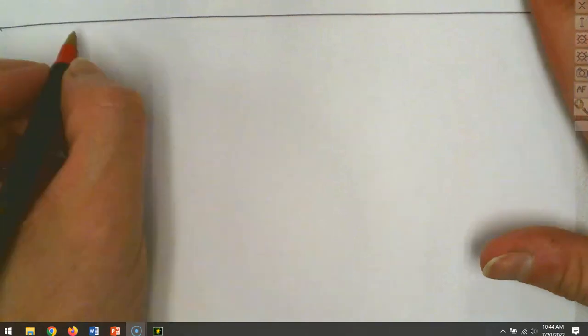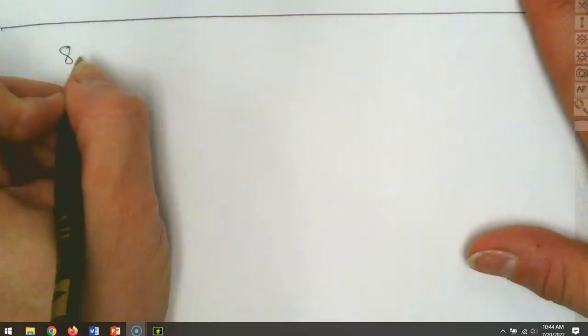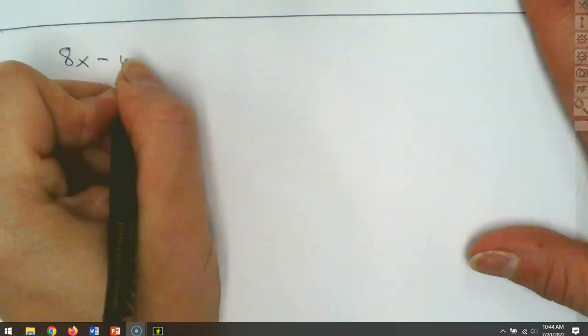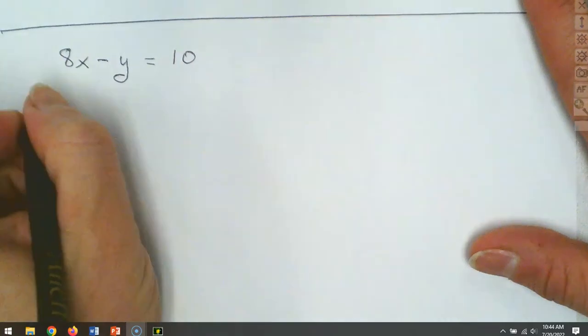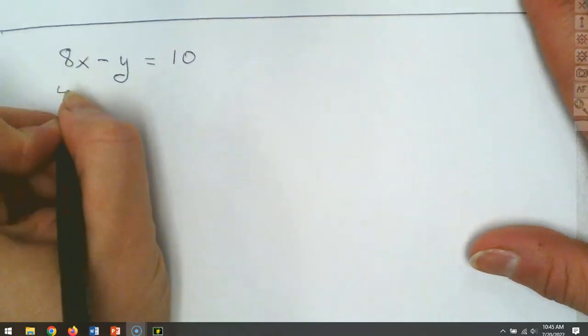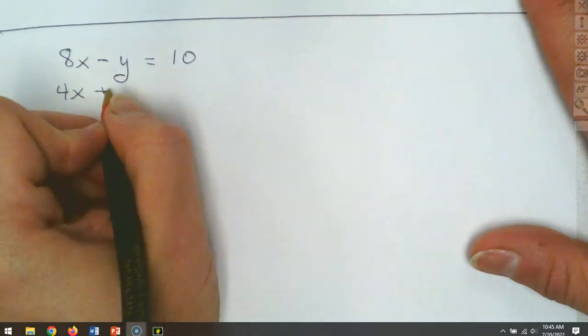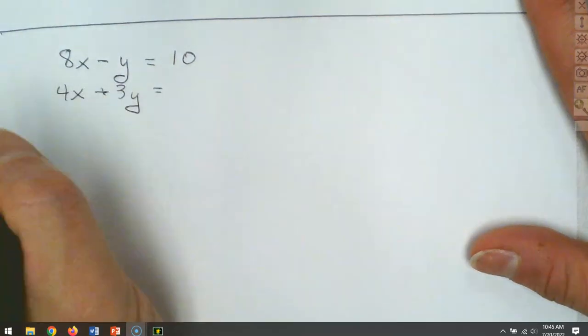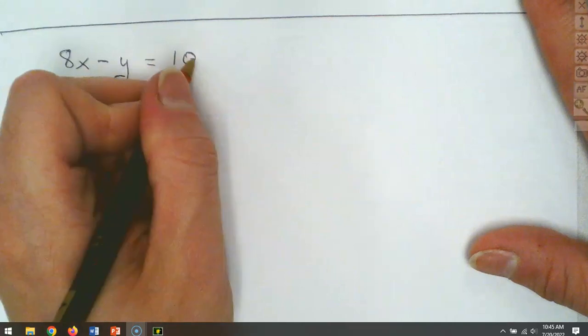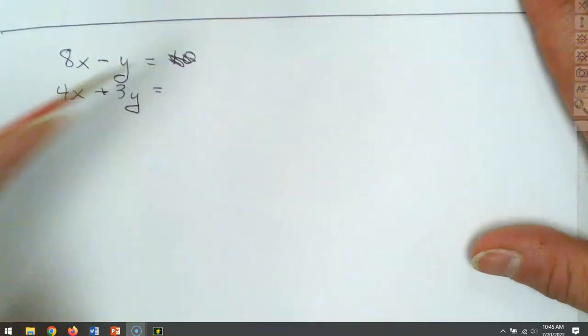Okay, let's do another one. Let's say 8x minus y equals 10. And how about 4x plus 3y equals, well, let's not use a 10. I've got to come up with the answers here. Let me come up with the numbers here.